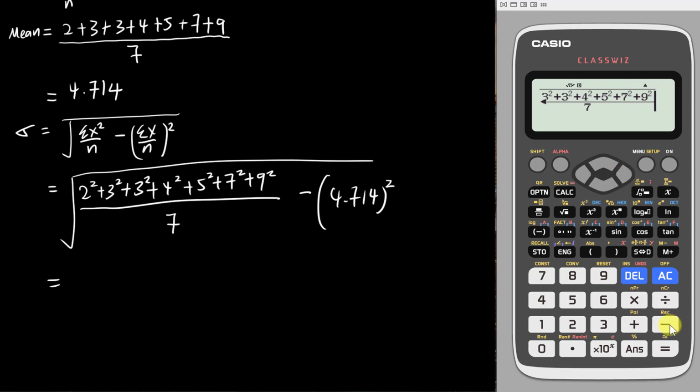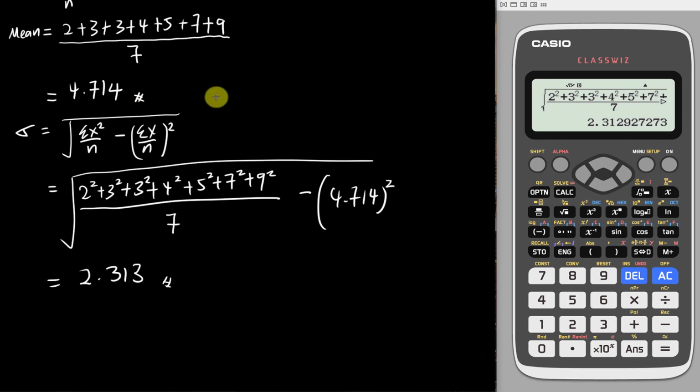Then I will press next, and then I press minus. You can put a bracket or not, never mind, because it's just one number here. 4.714 square, and then I type equal. The calculator tells me 2.3129. I just round off to 3. Alright, this is the value of my standard deviation.